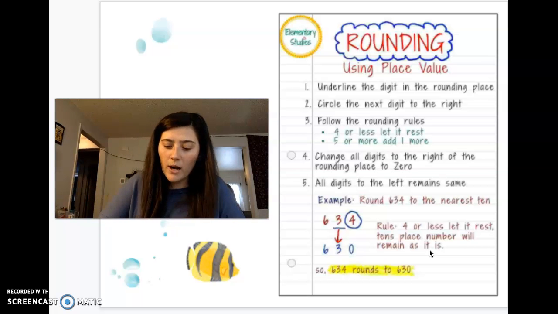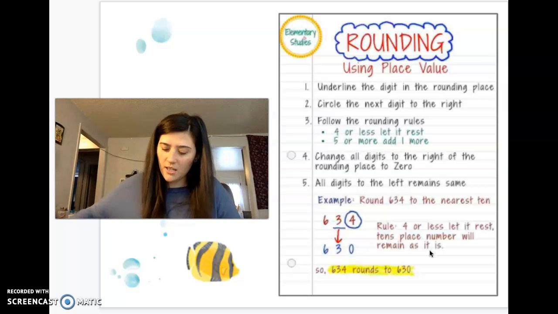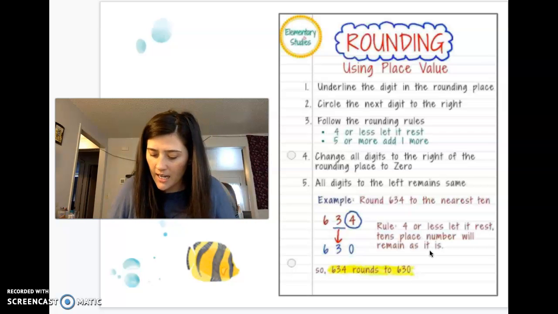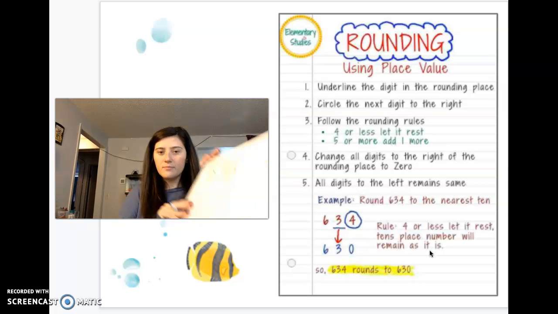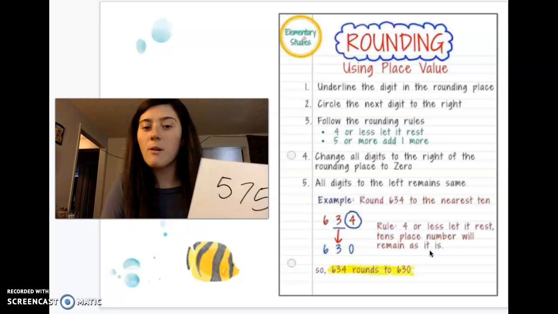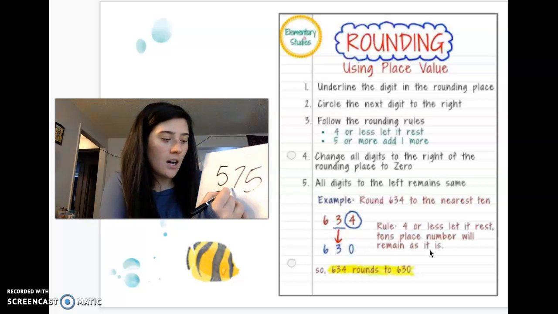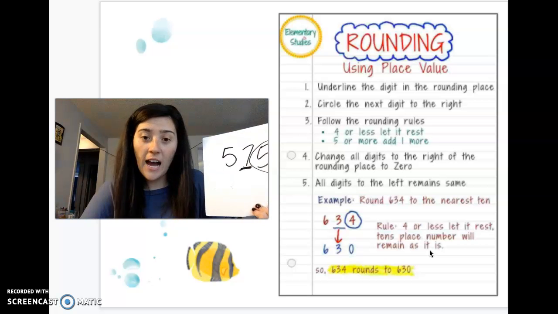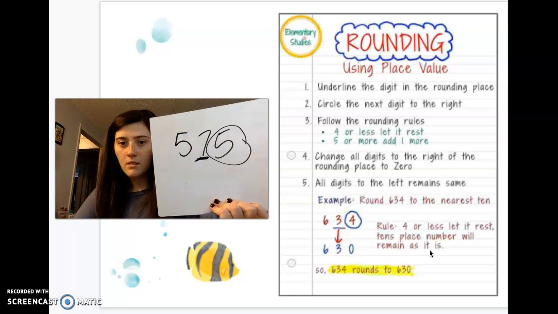Let me show you one more to make sure that we got it. So my next number is going to be 575. So there's my number. If I want to round to the nearest 10, underline the 7, circle the 5, right next door.